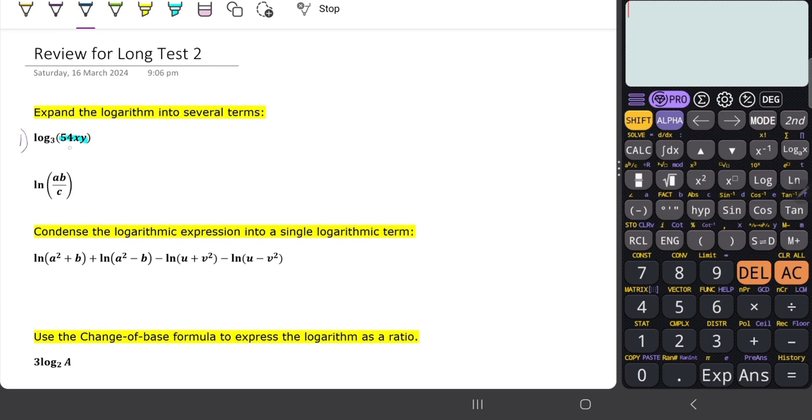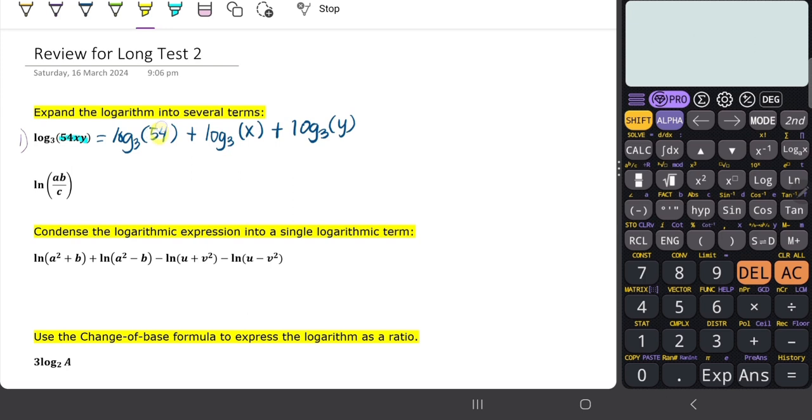expand the argument, so we can say that this is equal to log base 3 of 54 using product rule. So meron tayong addition dito plus log base 3 of x, then another plus log base 3 of y. Okay?